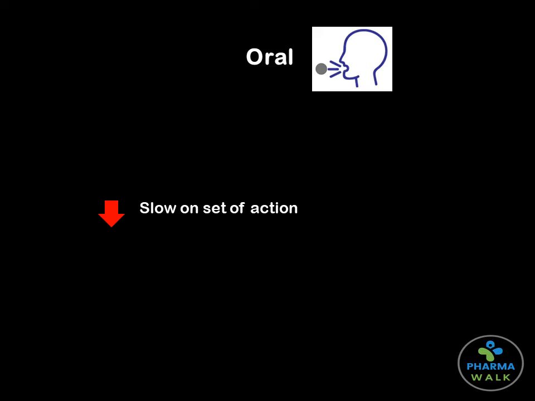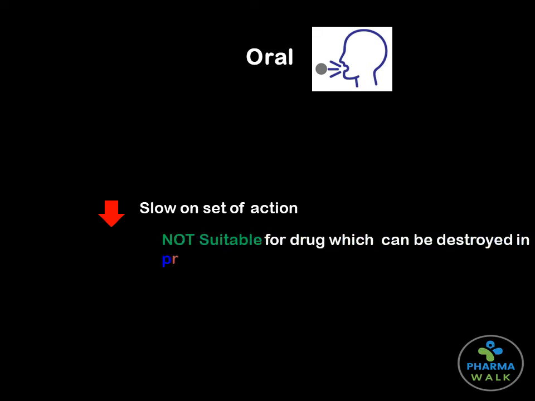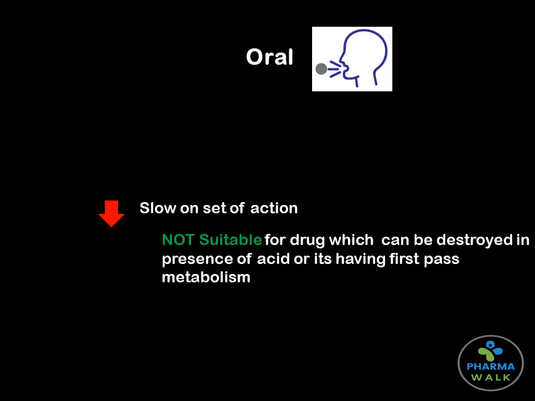It varies from drug to drug, but definitely when any drug administered via this oral cavity, onset of action is slow. Not suitable for the drug which can be destroyed in the presence of acid or having the first pass metabolism. We know that strong HCl, hydrochloric acid, is present in the stomach.